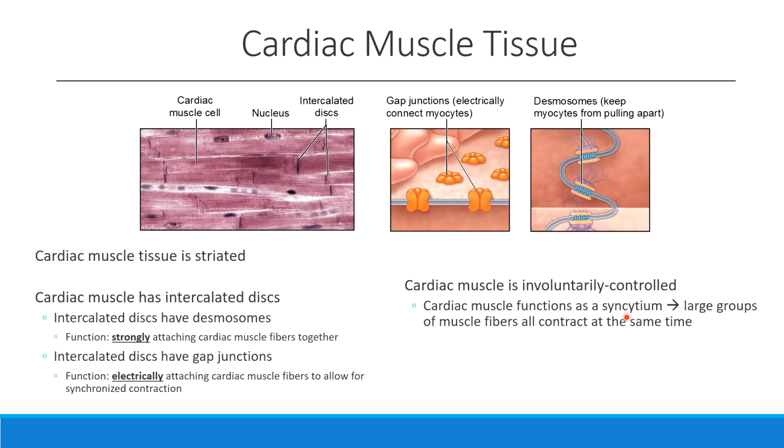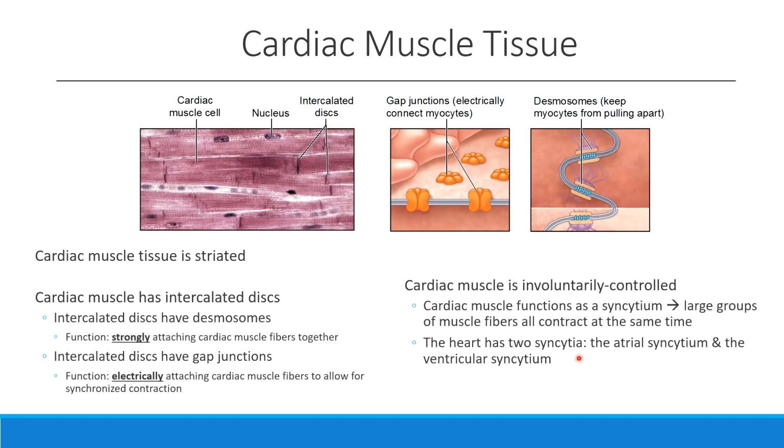So when we talk about cardiac muscle tissue as a syncytium, what we mean is that large groups of individual cardiac muscle cells all contract at the same time. This is because we have those gap junctions where I can send those messages to tell all these cells to contract together at the same time.